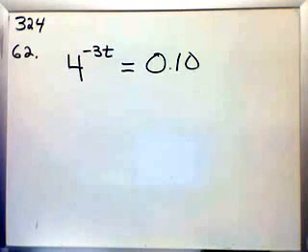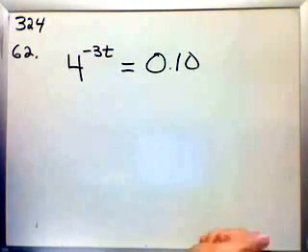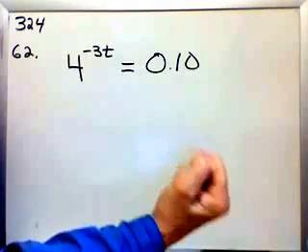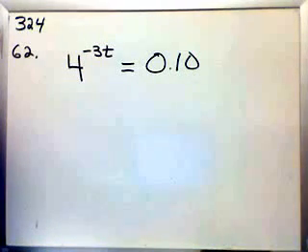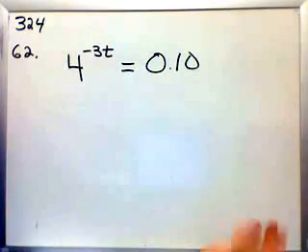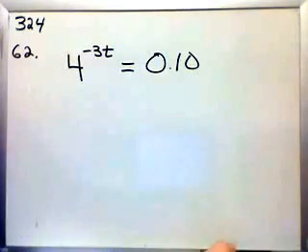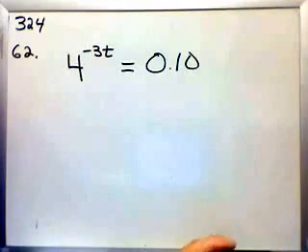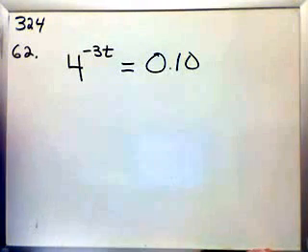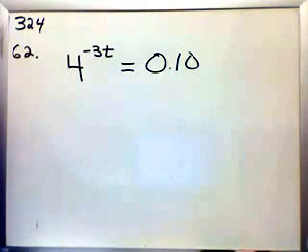So the first thing we're going to do, solving equations. You know how to solve equations. If it's a regular algebra equation like x plus 2 equals 10, you know that you subtract 2 from each side. Or you can divide each side, or you can add to each side, or you can square each side, you can square root each side.